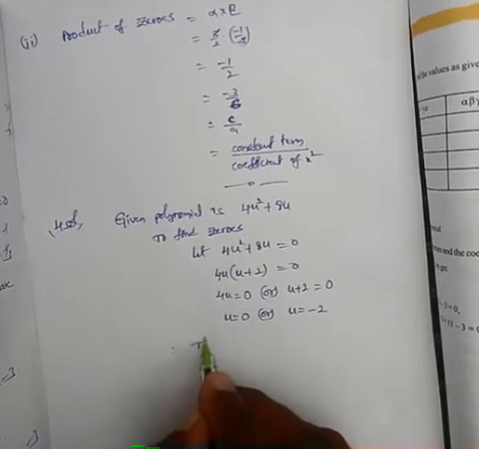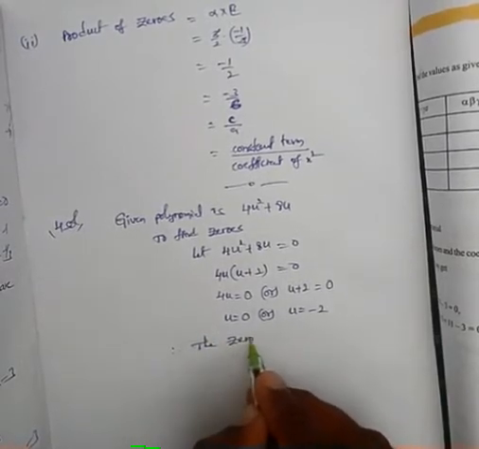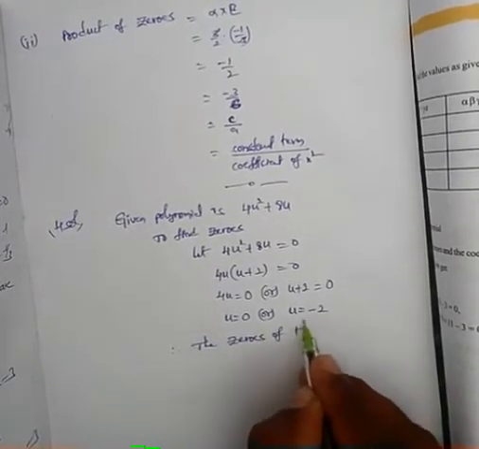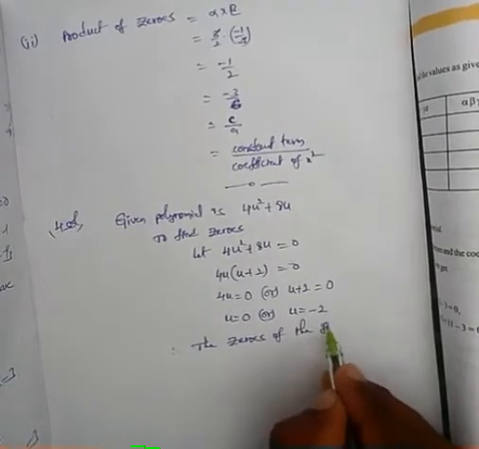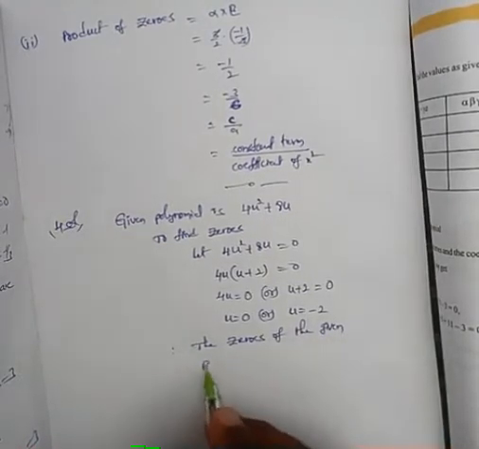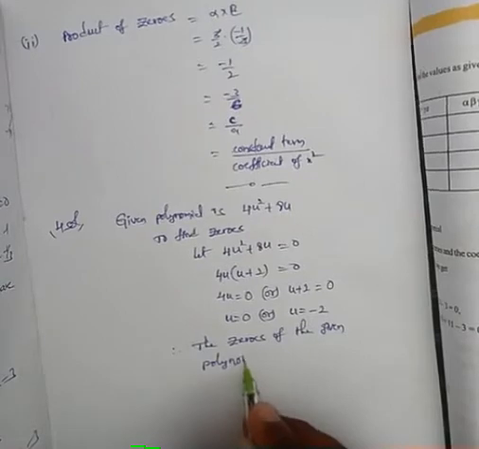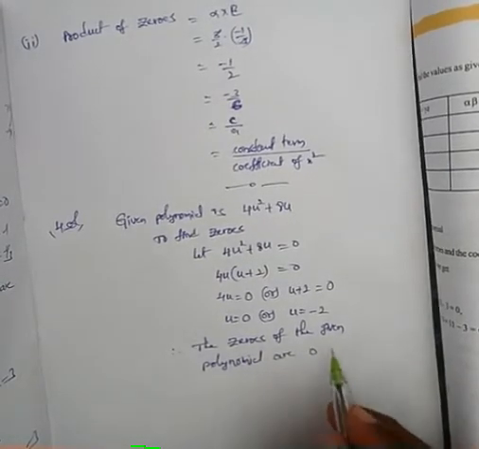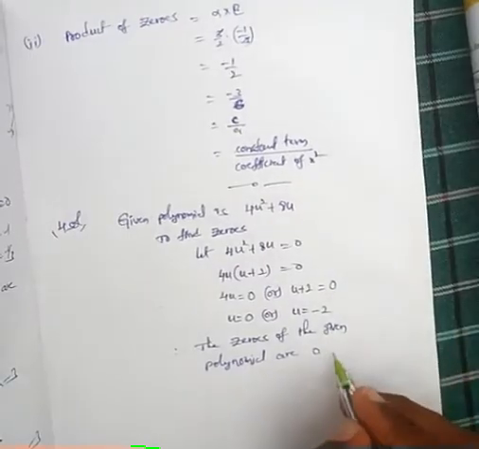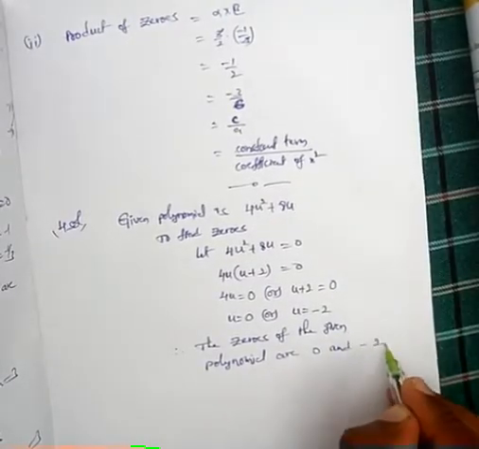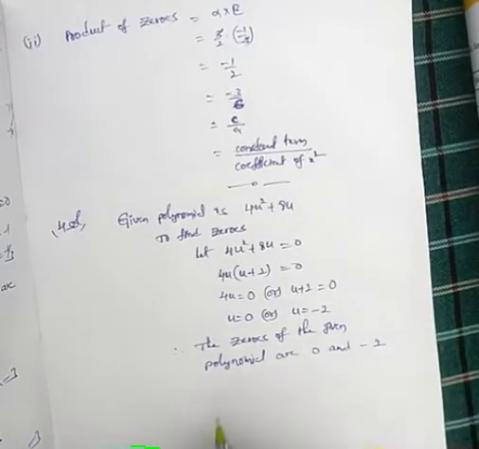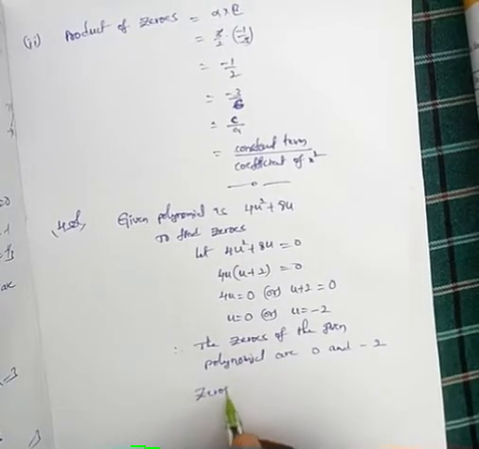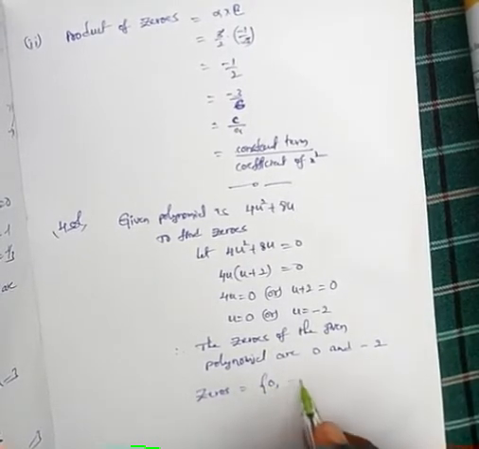Therefore the zeros of the given polynomial are 0 and minus 2.